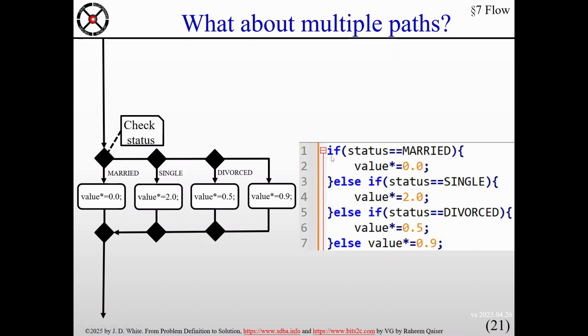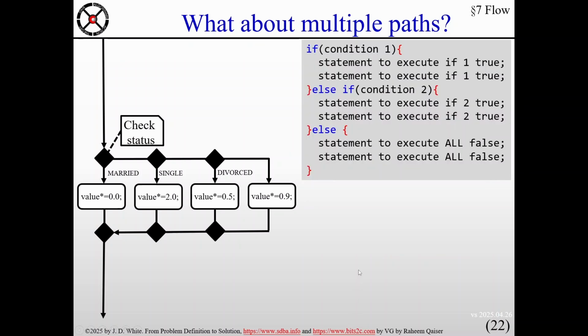So in this case, you see the format: if, else if, else if, else, and then finished. All right? So here's a summary of it. If condition 1, statement to execute if condition 1 is true.